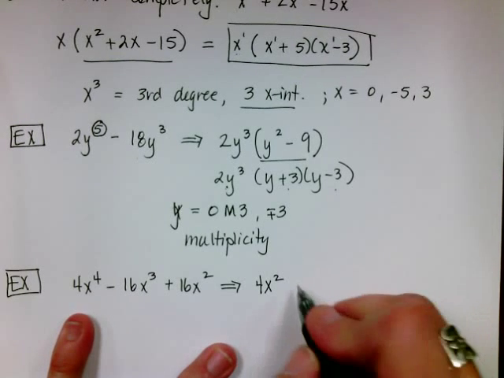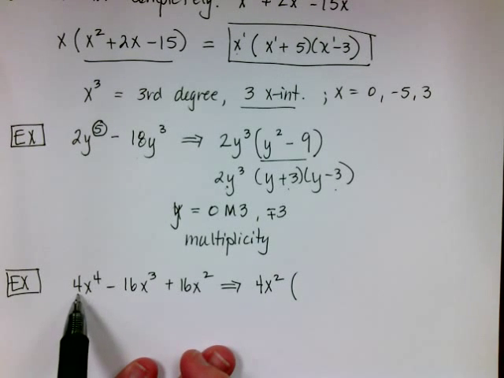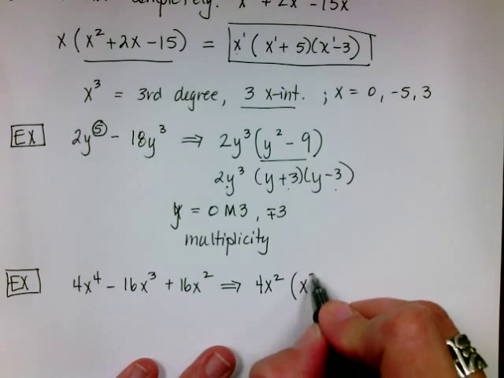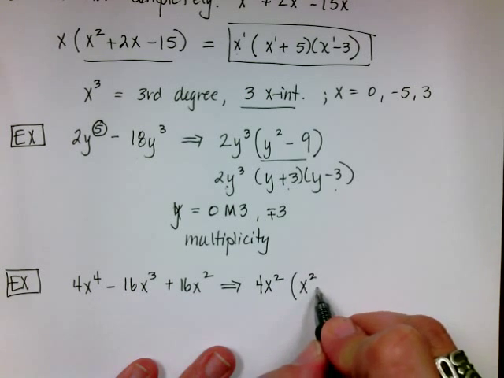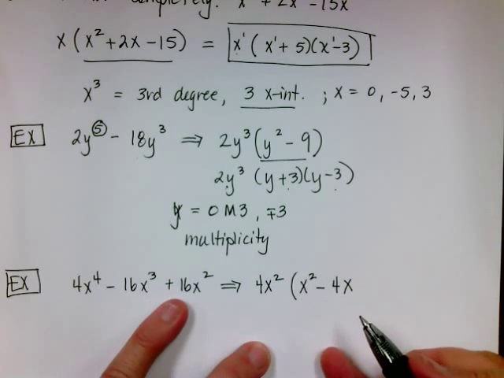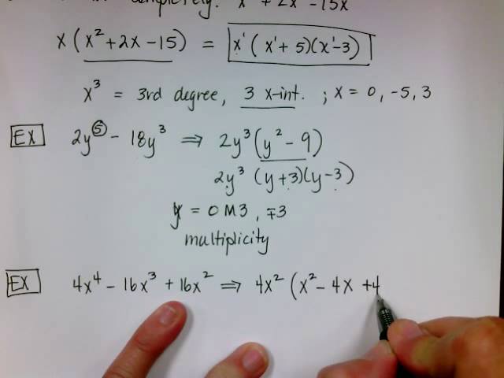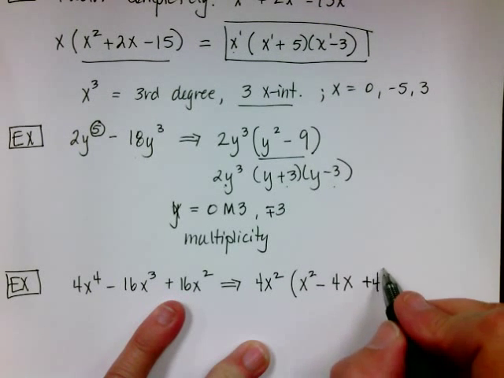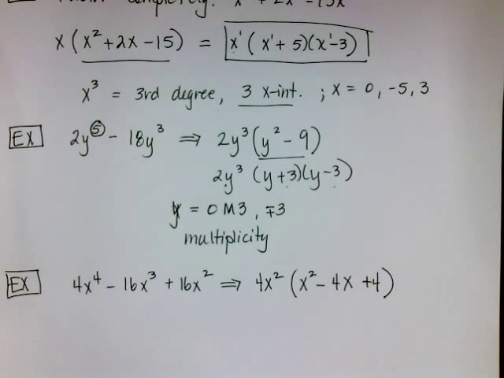So if I take that out, 4 divided by 4 is 1. x to the 4th divided by x squared is x squared. 16 divided by 4 is going to leave 4. x to the 3rd divided by x squared leaves an x. 16 divided by 4 leaves a 4. And x squared divided by x squared is 1.